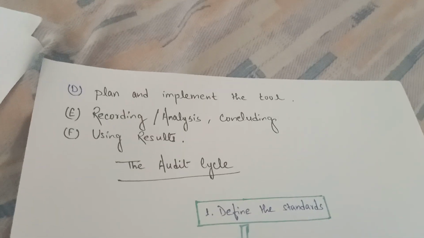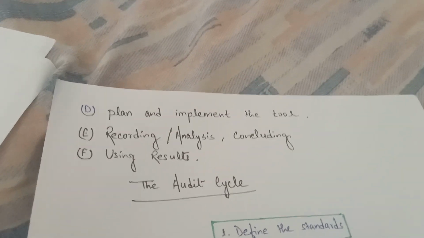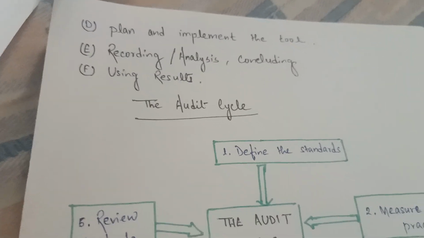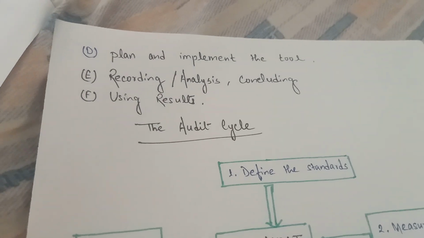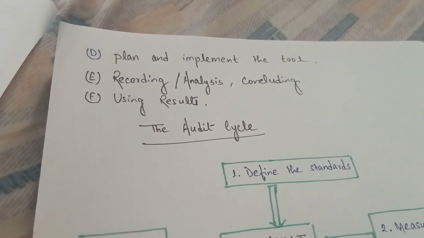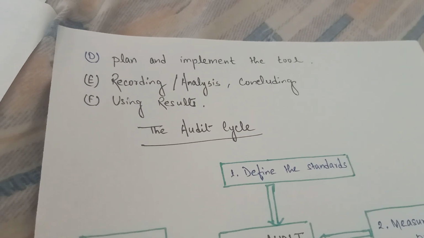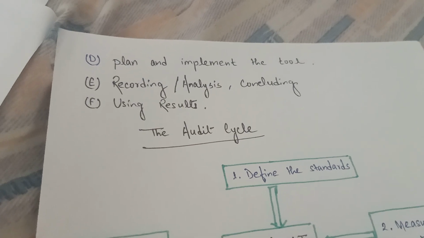And plan and implement data, that is also important. And recording or analysis, concluding, that is also important. And data must be reliable, like adequate orientation of data collection is essential.